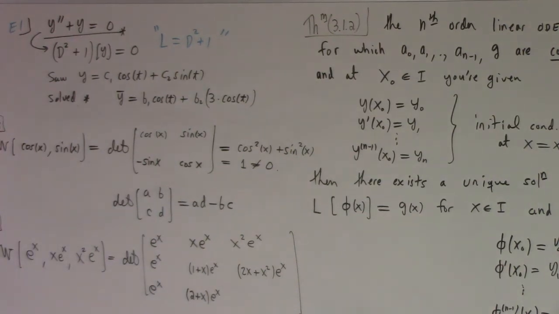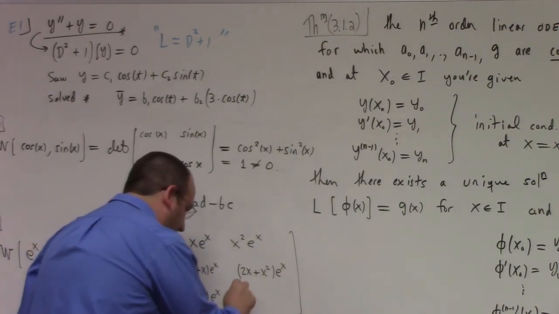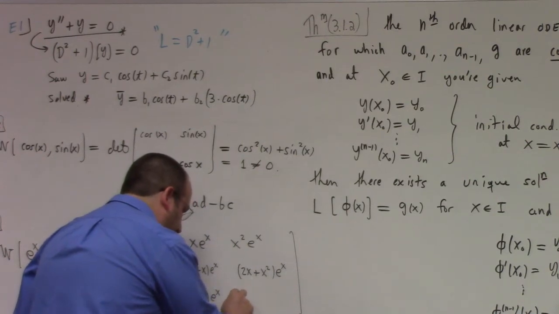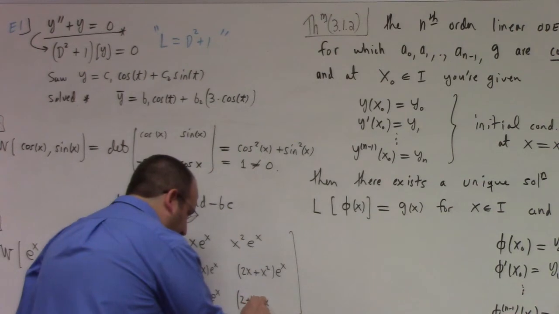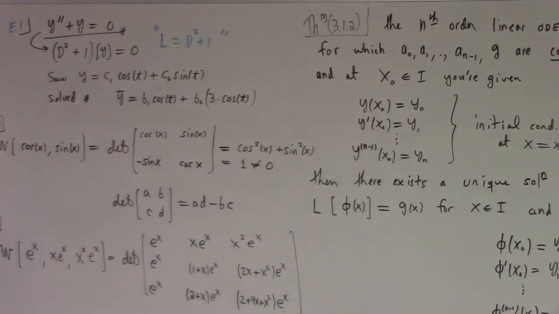Is that right? I think that's right. And then this one is harder for me to do in my head, but I'll try. So we'll get 2 plus 4x plus x squared e to the x, yeah? Did you guys get that?